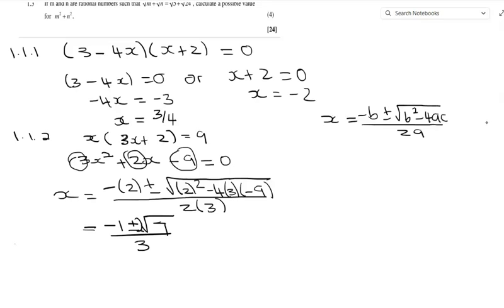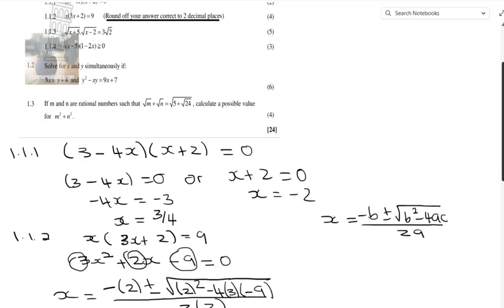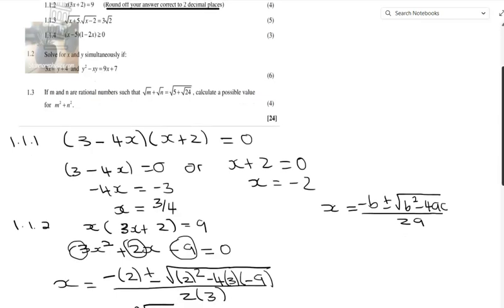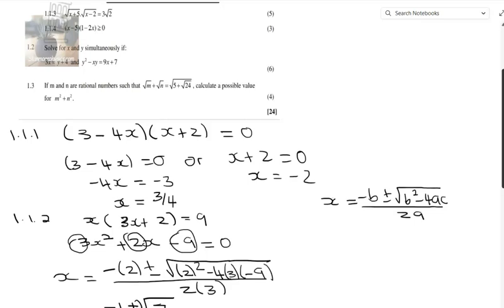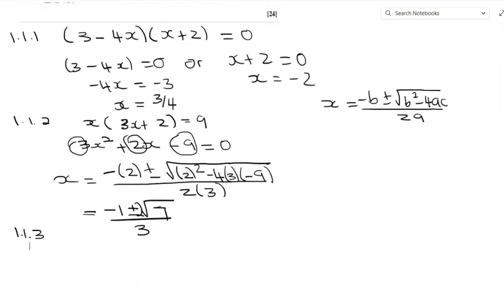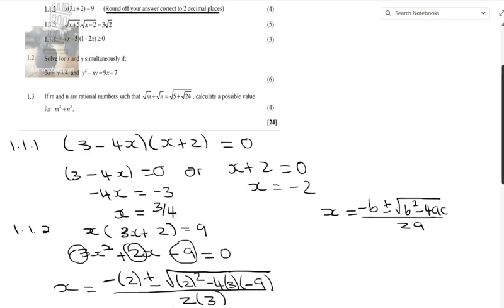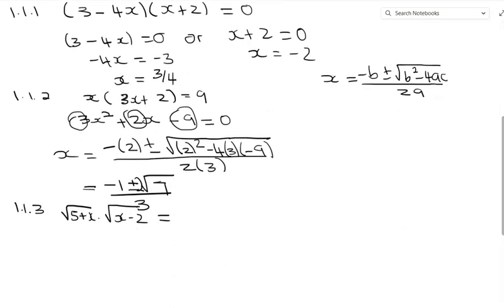And we're going to go to 1.1.3. The question says we have the square root of 5 plus x multiplied by the square root of x minus 2 is equal to 3 square root of 2.